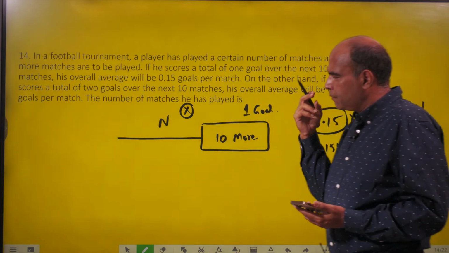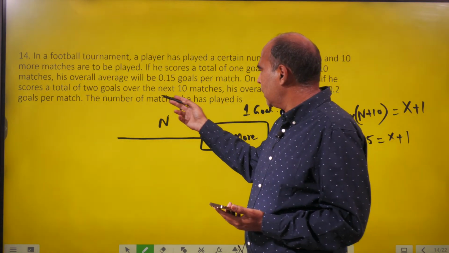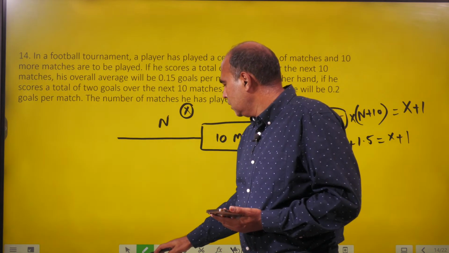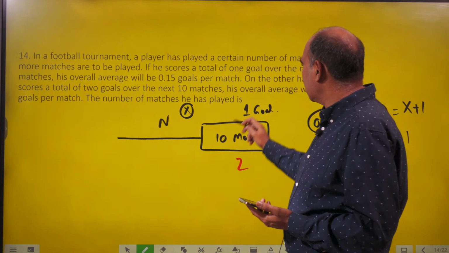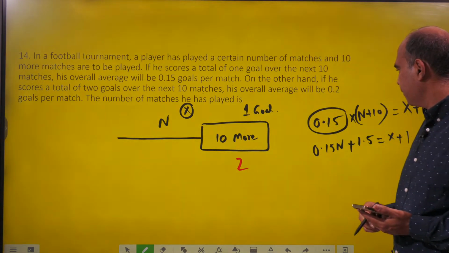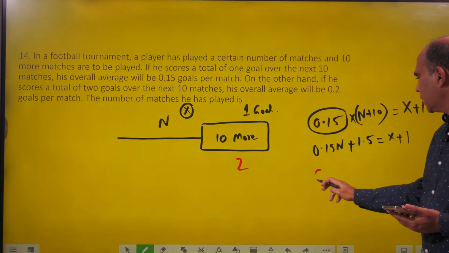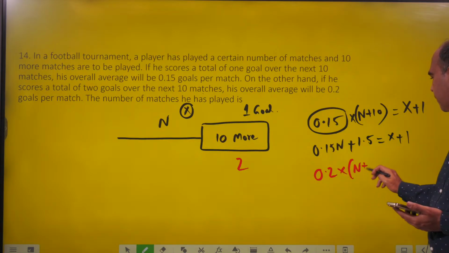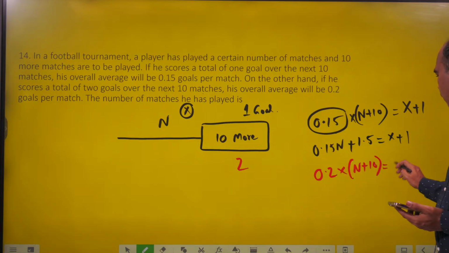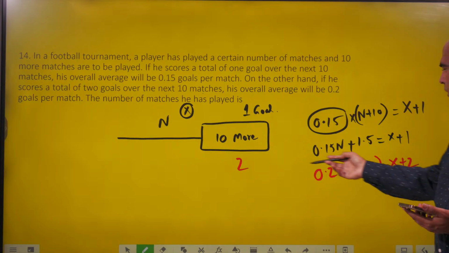On the other hand, if he scores a total of 2 goals over the next 10 matches, the overall average will be 0.2. So the equation here is 0.2 into n plus 10 is equal to x plus 2. In this case, he scored x plus 2 goals.